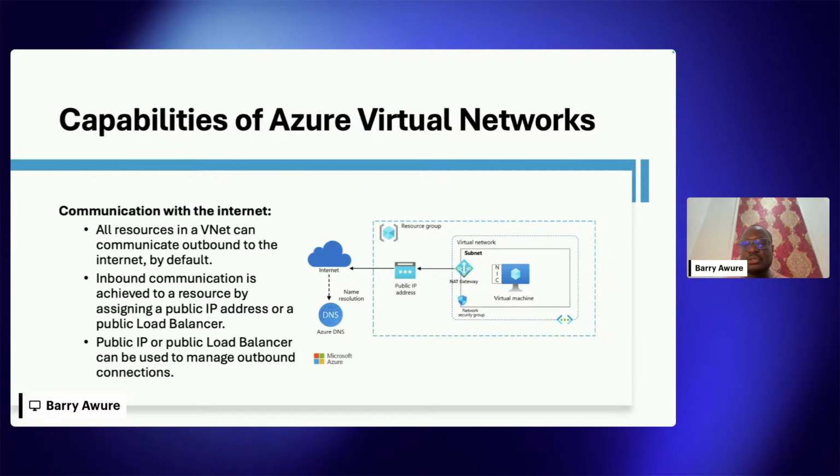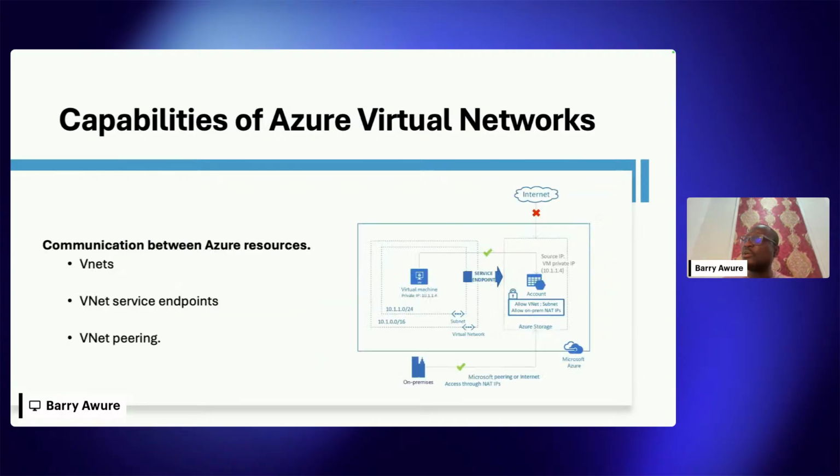So by default on Azure, you have internet access for all your resources, so long as it belongs to a VNet, right? So that is one of the capabilities that you see once you spin up any resource on a VNet on Azure. Then the next is communication between Azure resources.